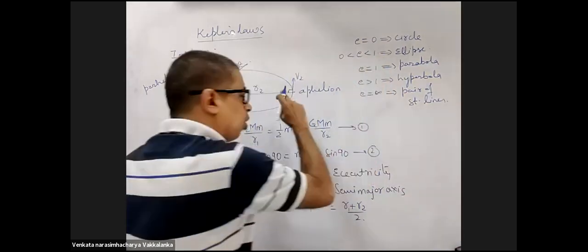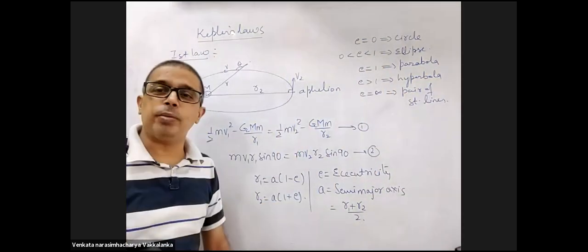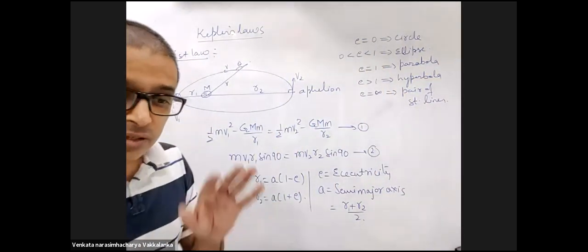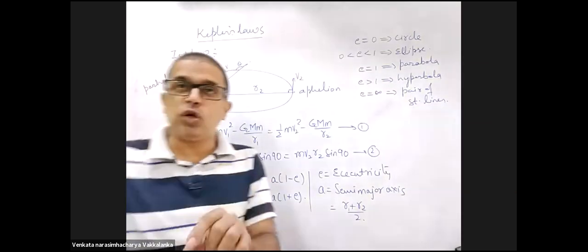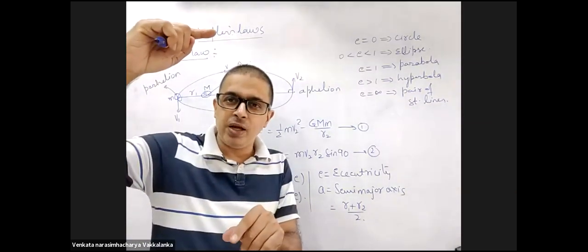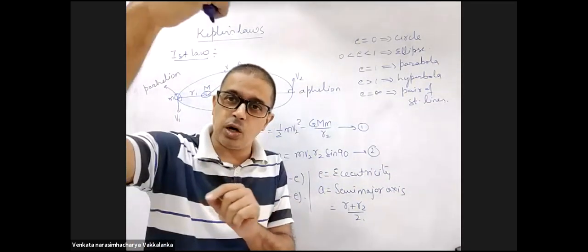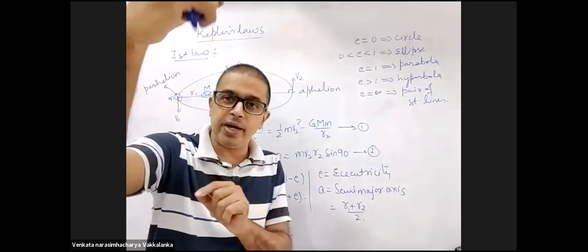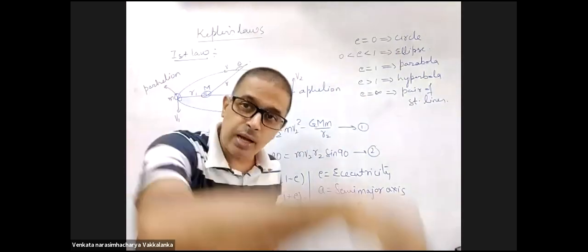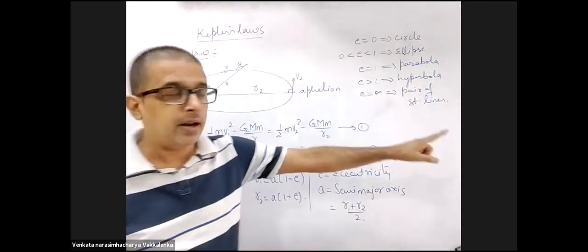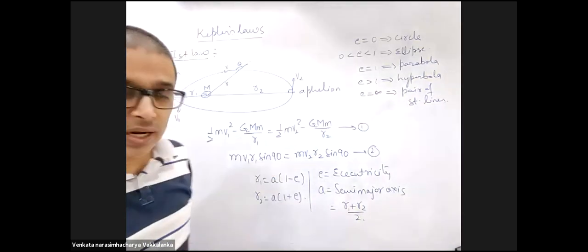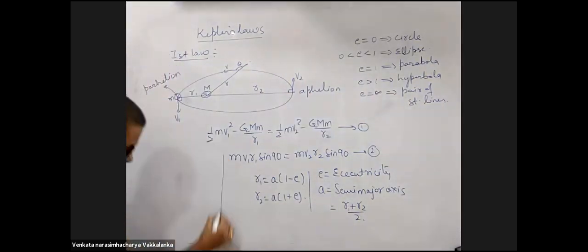We will see all the paths in an orbit, specifically satellites launched from a height. What velocity should I give so that it goes in a circular orbit, elliptical orbit, parabolic path, hyperbolic path, straight line? These conditions will come to your rescue.